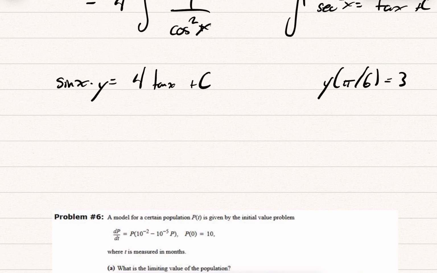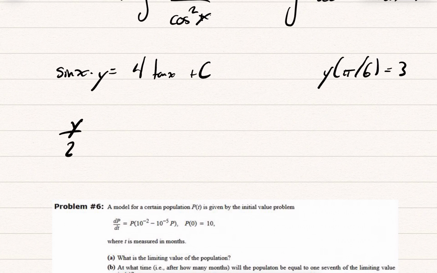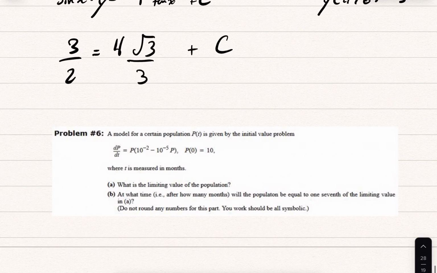I haven't used this calculator that I'm using right now for a long time. Okay, there we go. So we have y over 2 equals, and then I want now tan x, tan of pi over 6 equals 4 root 3. Oh, this is, and this, sorry. And this equals 3 over 3 plus C.